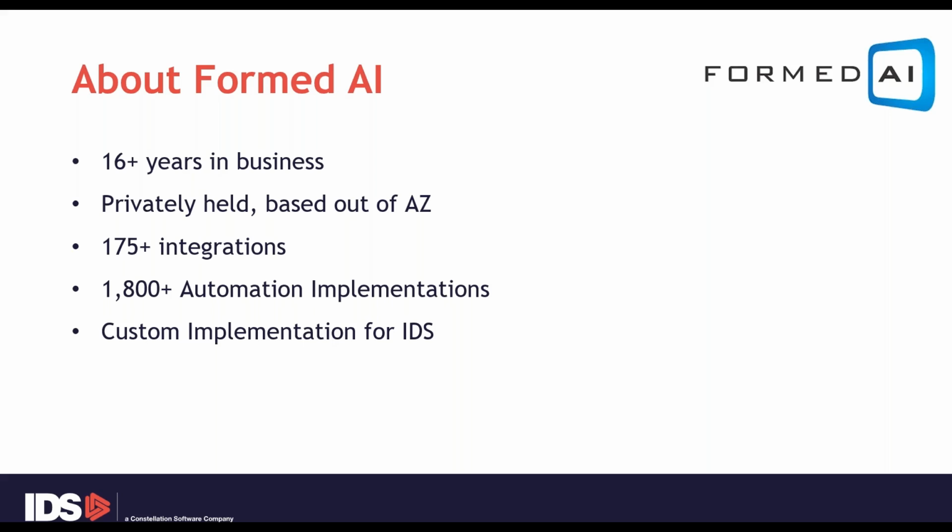They have integrations with companies like ADP, Microsoft, FedEx, and really doing these specialized custom implementations is kind of their specialty. They have created a custom implementation for IDS. They've been a really strong partner of ours and have helped us build this partnership between G2 IDS and their AP automation solution.